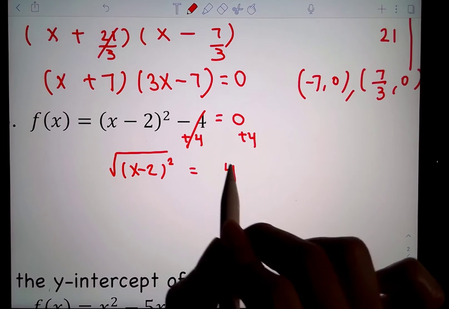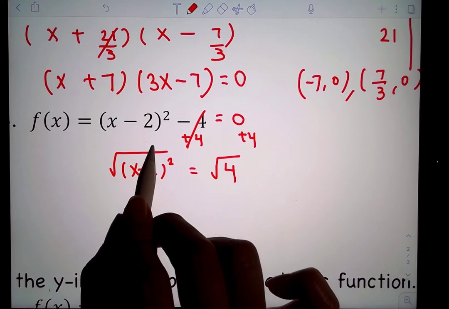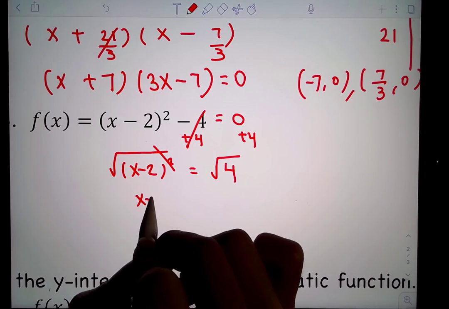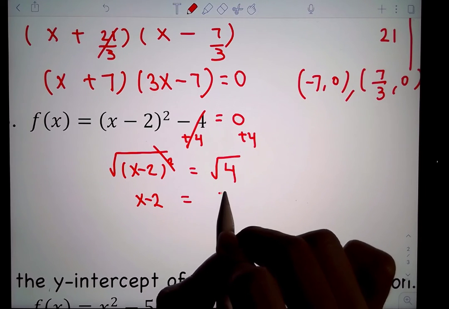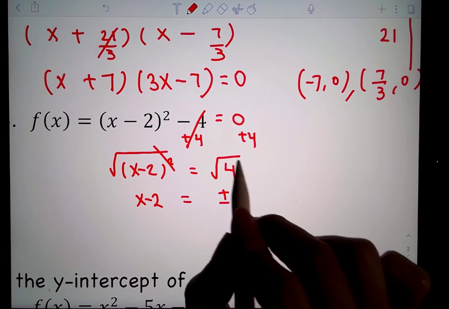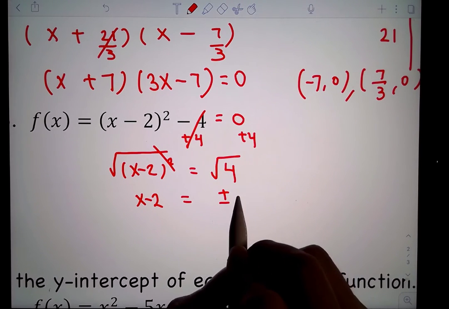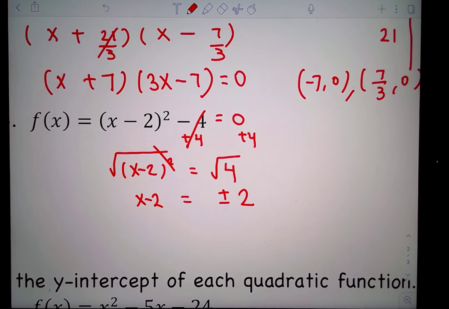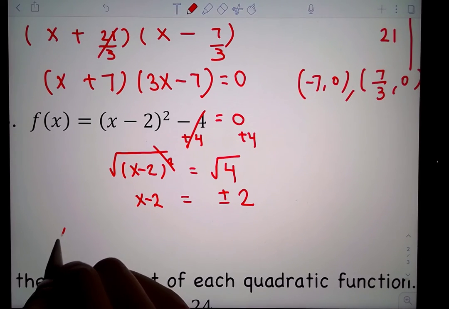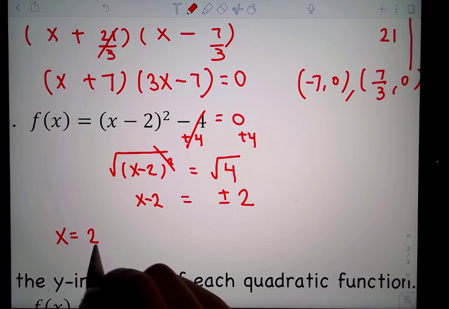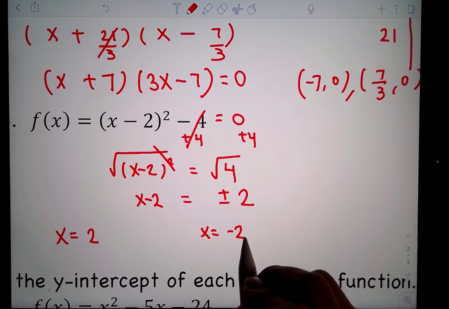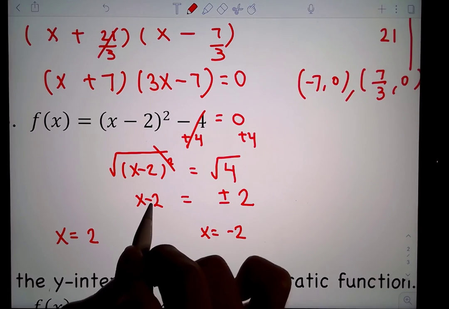So take the square root, take the square root. Then you cancel, and you get x minus 2 equals positive, negative, what's the square root of 4? That's 2, not radical 2, that's 2. Once you simplify that, you don't have a radical anymore. And then x minus 2 equals 2, x minus 2 equals negative 2. Then we need to do what?